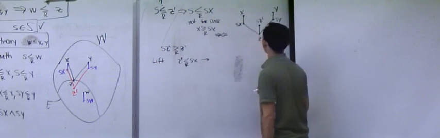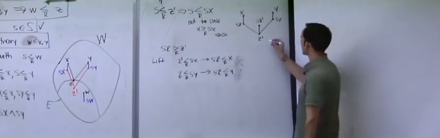So I can lift z prime less than sx to sz prime less than or equal to x. And I can lift z prime less than or equal to y to sz prime less than or equal to y. I take these guys and I lift them to look like this.